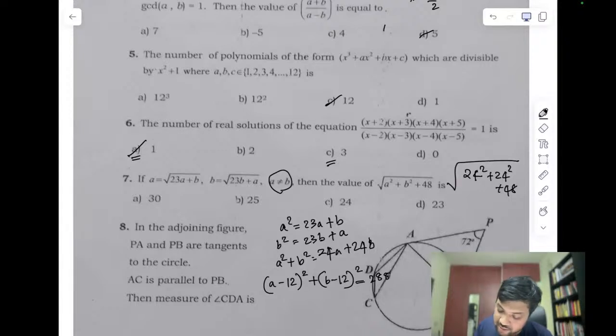What is that? So a is 24 works, right? If a equal to b equal to 24, yeah, it works. So 24 square plus 24 square plus 48, what is it?